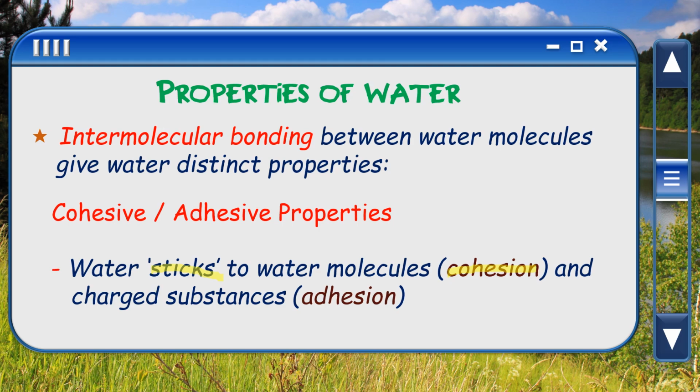It's where water molecules attract other water molecules. Or the water molecule can stick to charged substances. And that force of attraction between water and charged substances is what we call the adhesion force of attraction. So that one is a property of water.